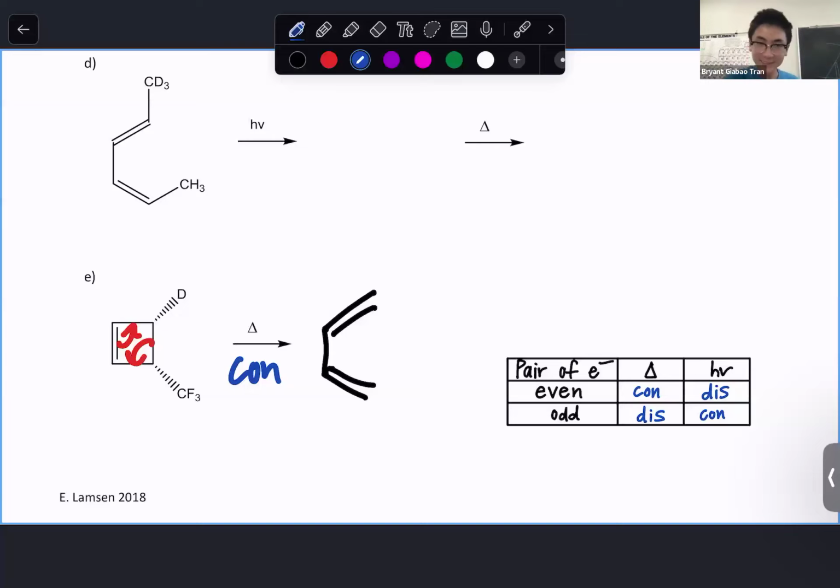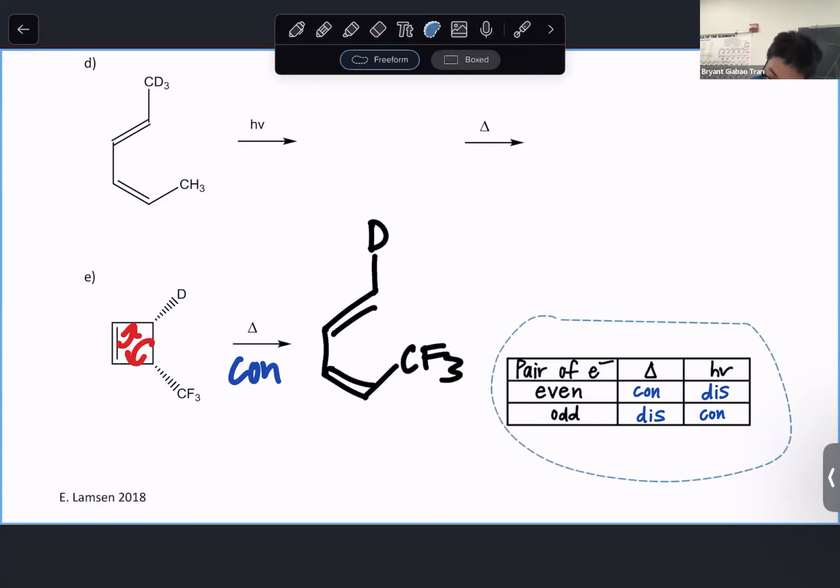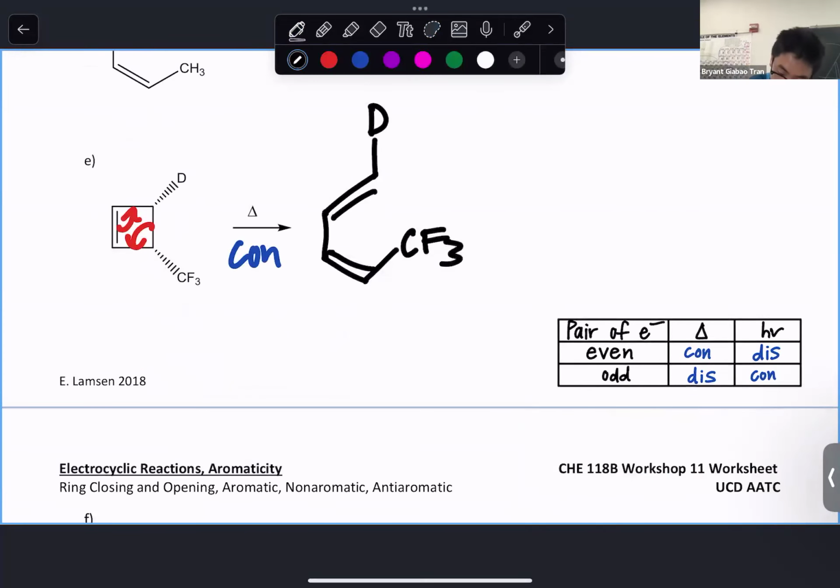So if I rotated it, let's say to the left side, we could either get this product here, where they're both facing in the same direction, both facing up, or we could have this product right here, where they're both facing down. And there is a major and minor product here.